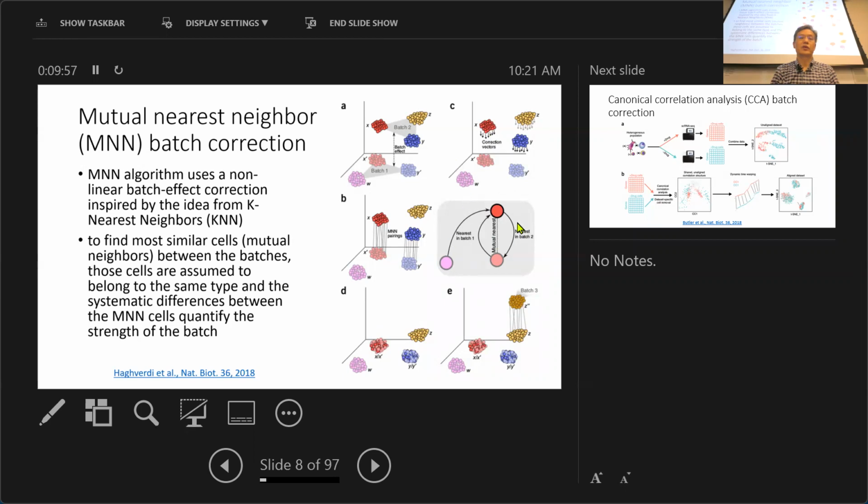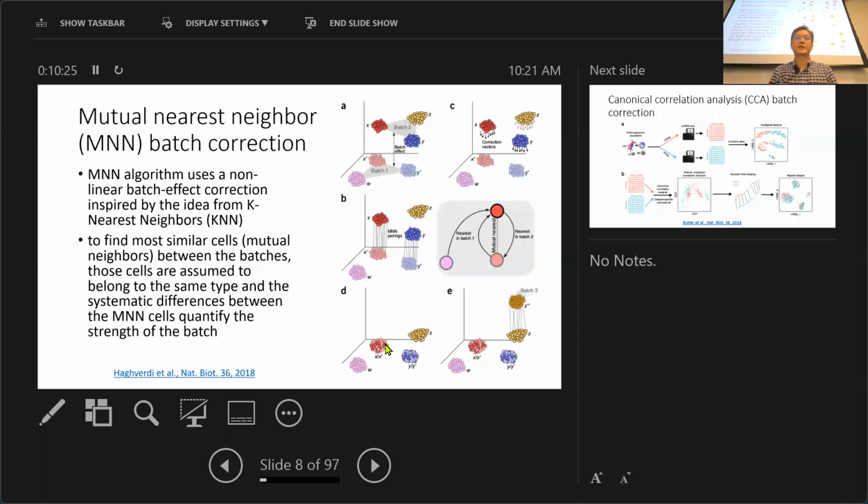So this is to look at the mutual nearest neighbor. So once you finish this, once you have batch 3, you start to do that again. Okay. So in this case, you finish the batch effects correction. Okay, you just push their mutually nearest neighbor links and push the cells to the same space.